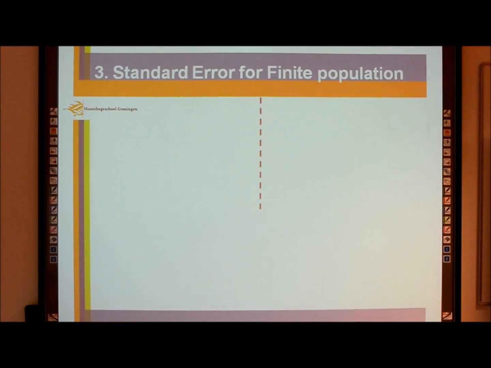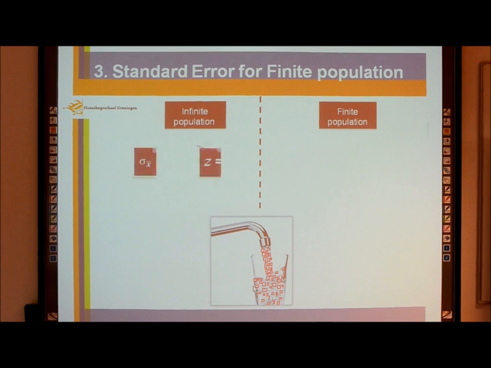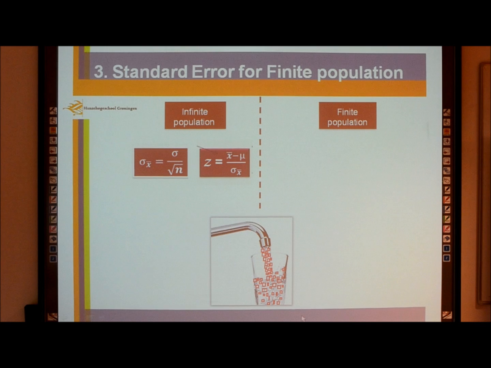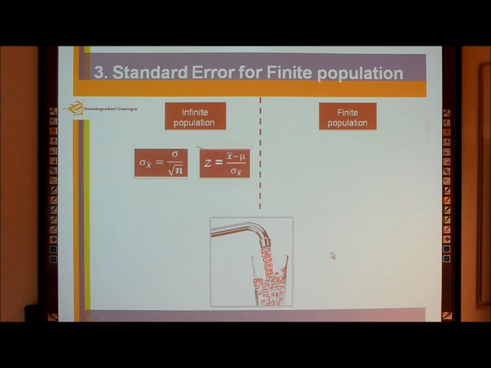After knowing how to calculate the standard error for the infinite population, we also need to know what it will be for the finite population. Finite population means most of the time you know the exact number of your population and your sample size is quite large, and then you need to expand your equation into this.